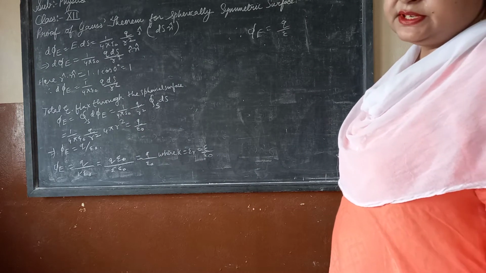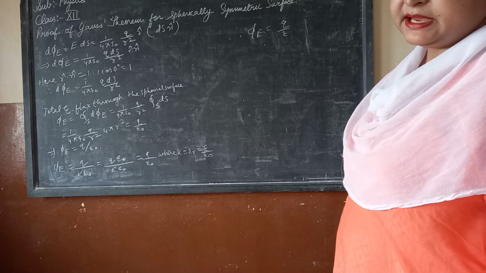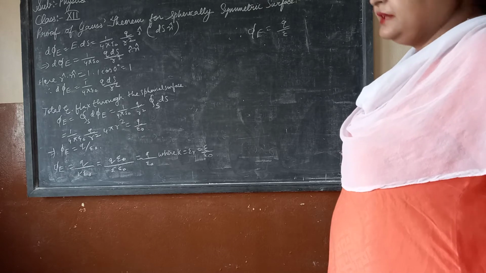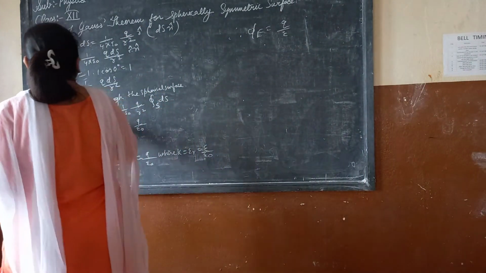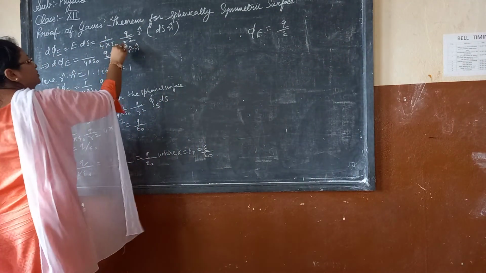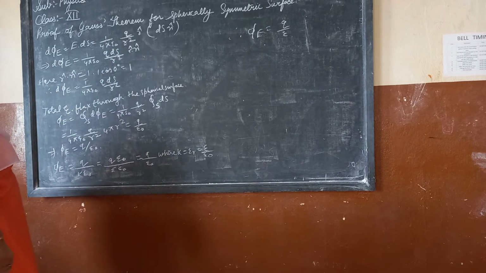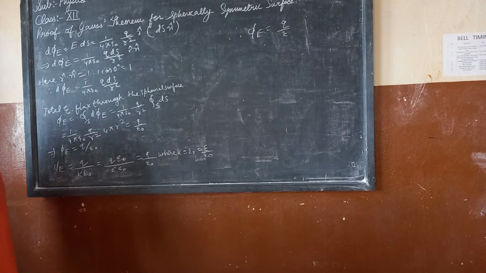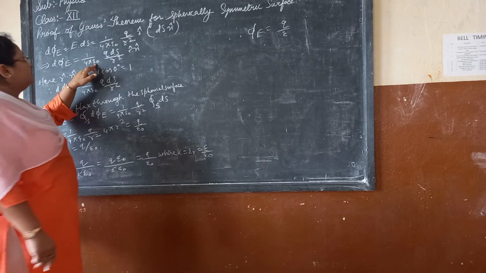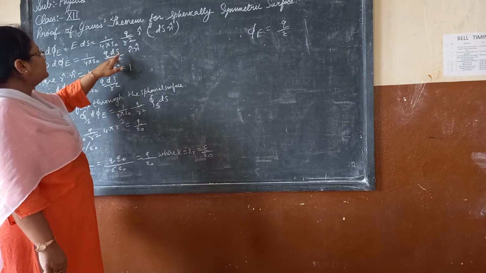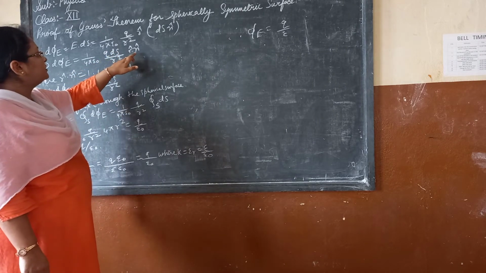Electric flux through a surface element dS is given by dφ equals E dot dS equals 1 upon 4 pi epsilon 0 q upon r square r cap dot dS n cap. So it will be the value of 1 upon 4 pi epsilon 0, q dS upon r square, r cap dot n cap.